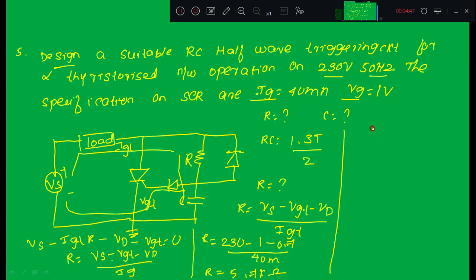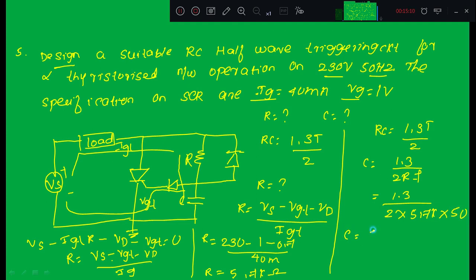And then to find C, I'll use this formula: RC is equal to 1.3T divided by 2, or C is equal to 1.3 by 2RF. So 1.3 over 2R, R is 5.7K, into frequency 50 Hertz. If you simplify this, I get 2.27 microfarad. Thank you.